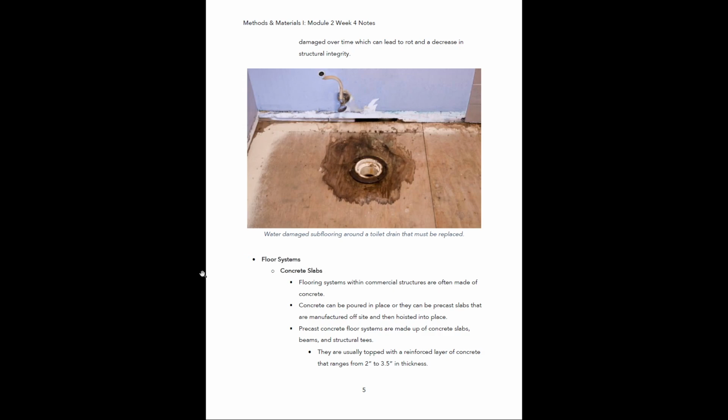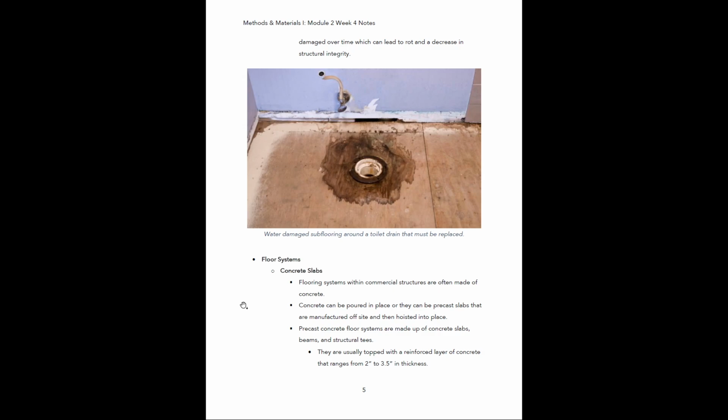All right, so floor systems, again, there are different types of them. There are concrete slabs, for example. So these are flooring systems within commercial structures, and those are often made of concrete.